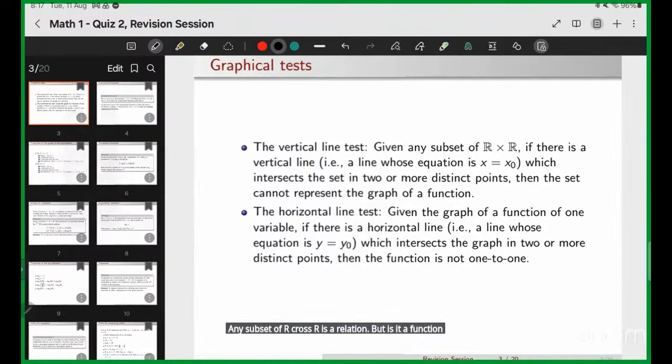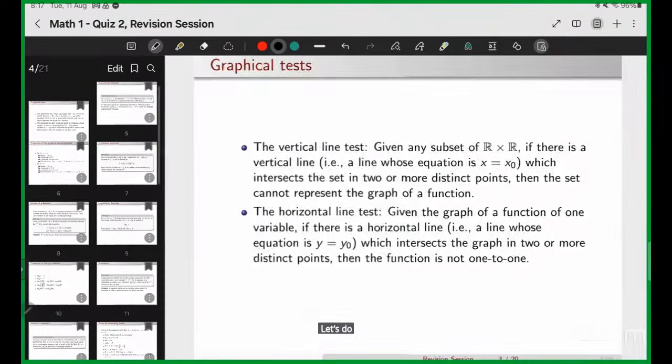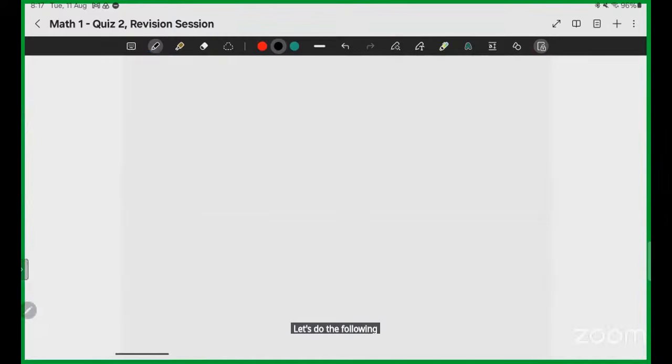To answer that, let's do the following. Let's take a particular example, something like this. If we want a different color, let's do that. So is it possible that this is the graph of a function?